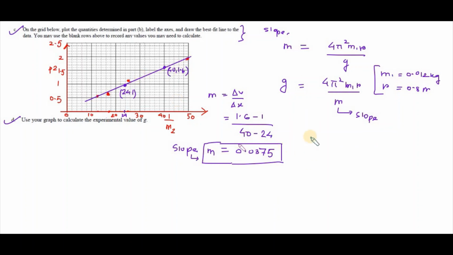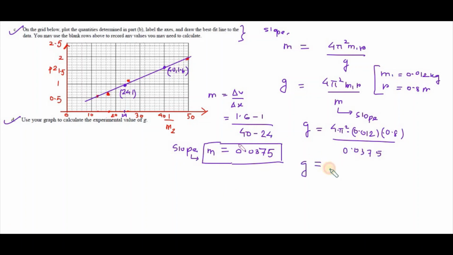After that, we substitute this slope in the equation: 4 into pi square into m1, that is 0.012, times r, that is 0.8, upon the slope, that is 0.0375.